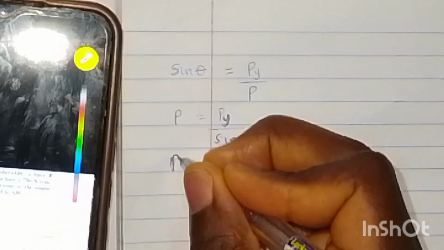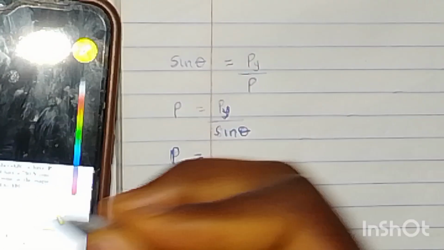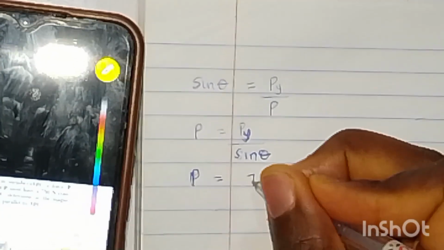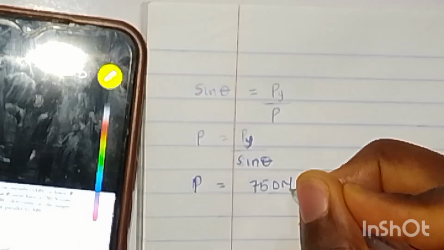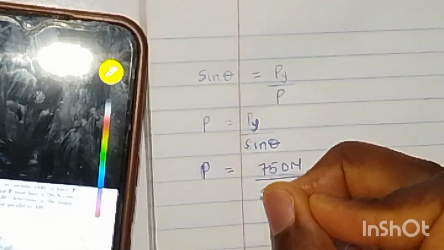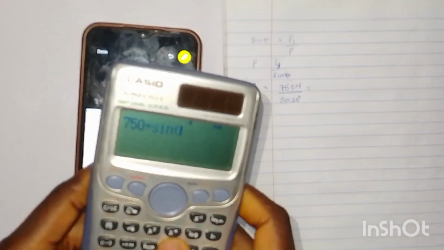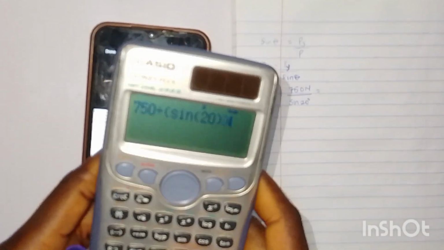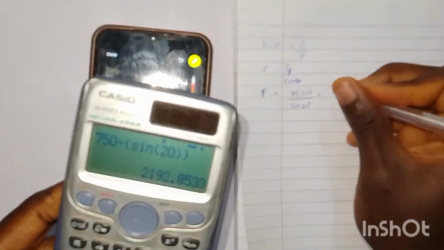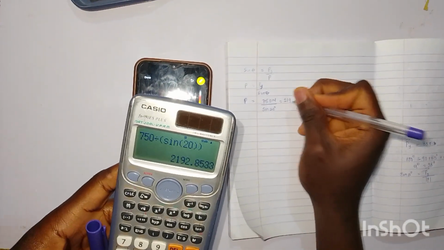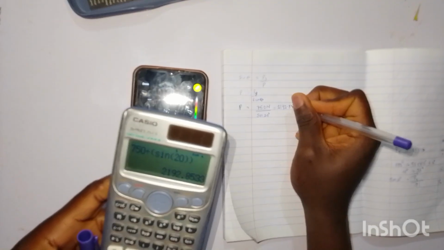So P will be equal to the component along the y-axis, which is 750 Newton, all over sine of 20 degrees. That is 750 divided by sine of 20 degrees, which is 2192.85 Newton. That's your P magnitude.